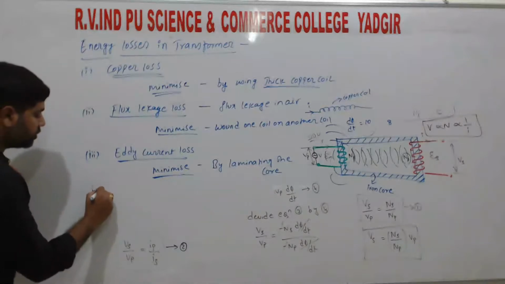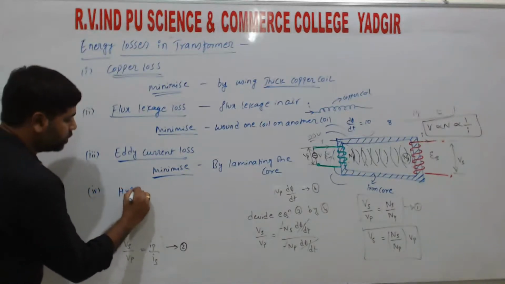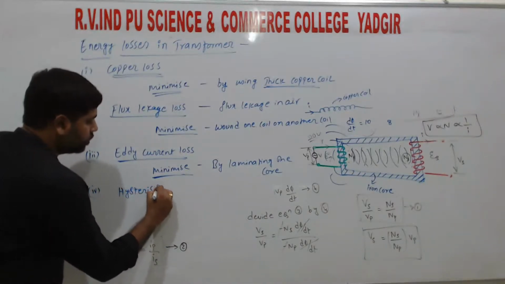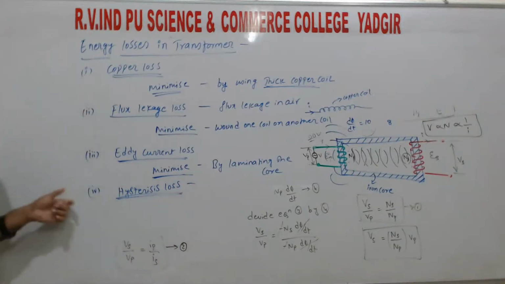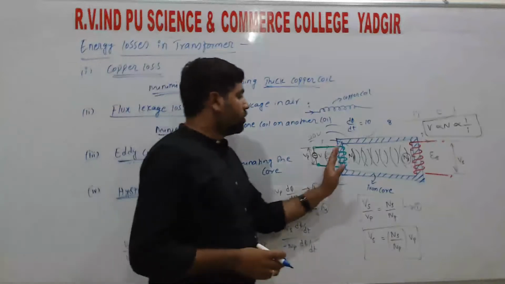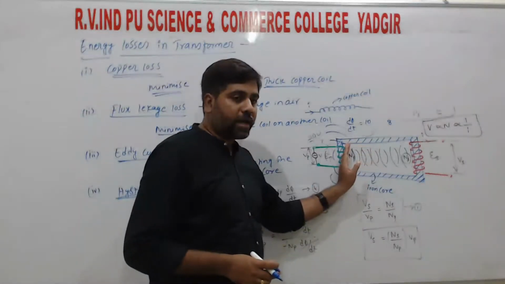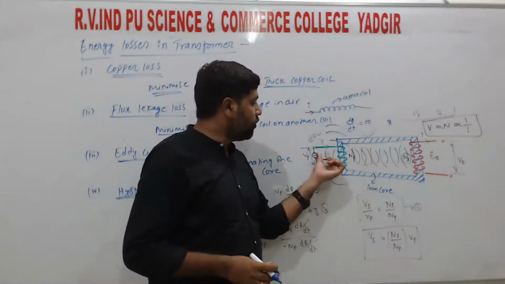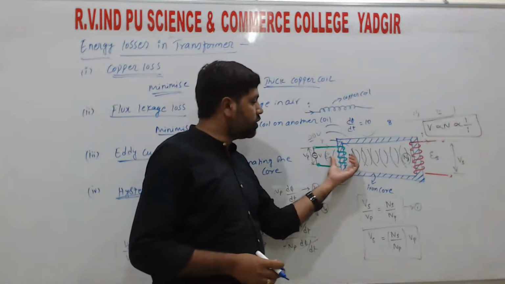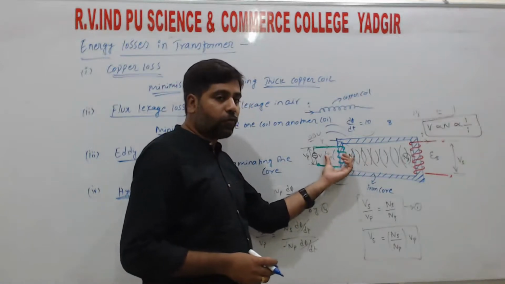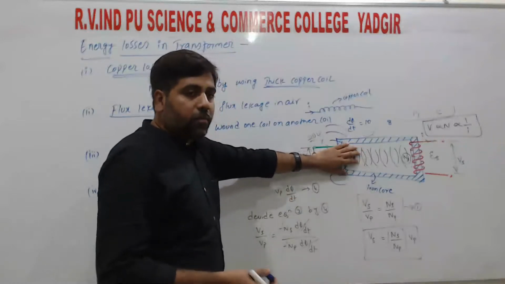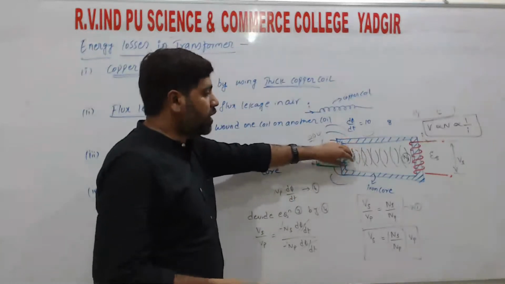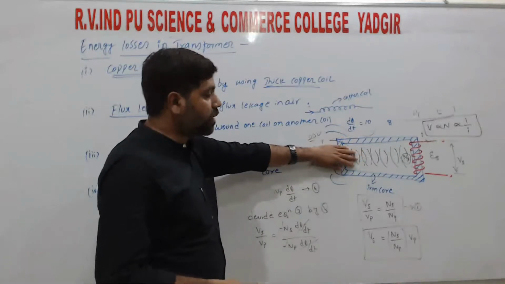The last one is hysteresis loss, right? This is caused by repeated magnetizing and demagnetizing. Since varying current flows in the conductor, when the maximum current flows in the positive direction, the coil produces a magnetic field and becomes a magnet.